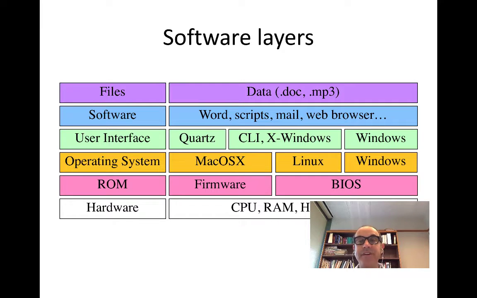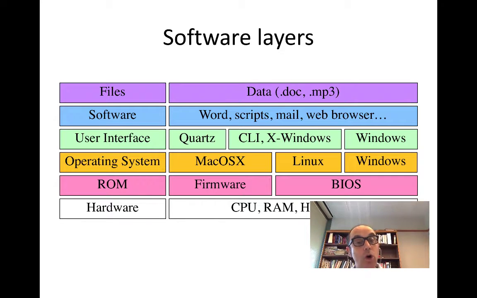With regard to the software layers that are found in both platforms, the hardware, the laptop or your computer and your phone, we have the hardware, we have the ROM, we have the operating system, the Mac, the Linux, or the Windows, and the user interface, which means what interface are we looking at?